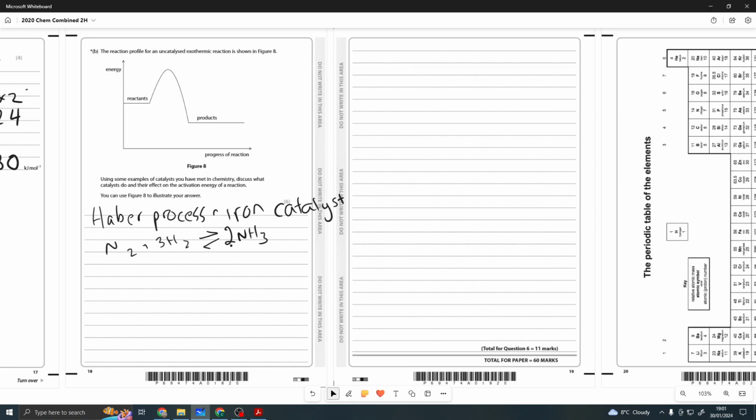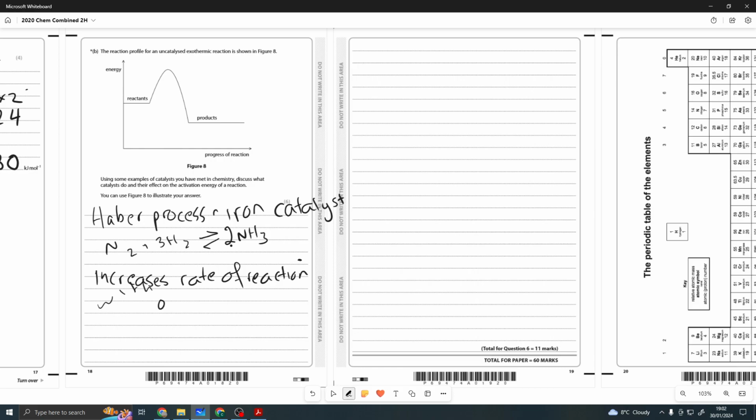That's enough to get 2 marks, and it's enough to give you the level 3 marking point, identify at least 1 catalyzed reaction. You've now got to give a good description of what a catalyst does, which means it increases the rate of reaction without being used up.